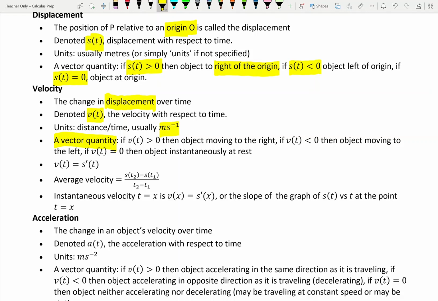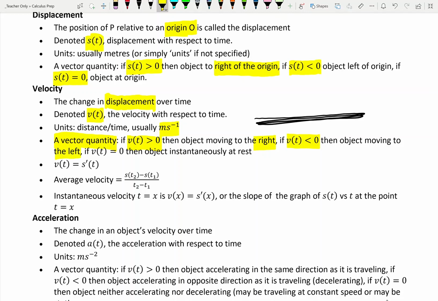Again, because it's a vector quantity, if the velocity is greater than 0, then the object is moving to the right. Remember that we're just talking about an object on effectively what is a number line, so moving forwards, backwards, without any turning or lateral deviation. If the velocity is less than 0, then the object is moving to the left.